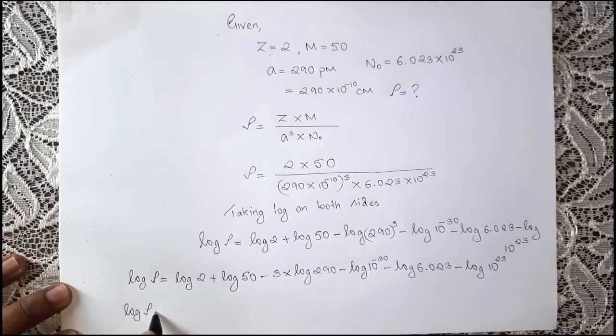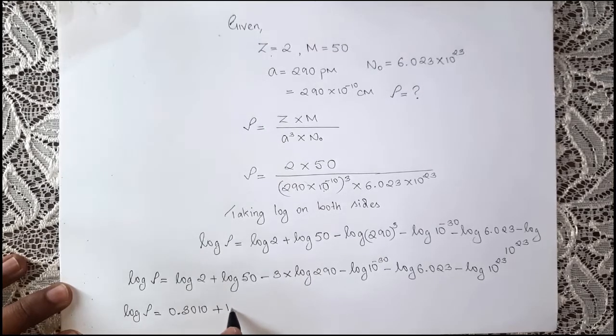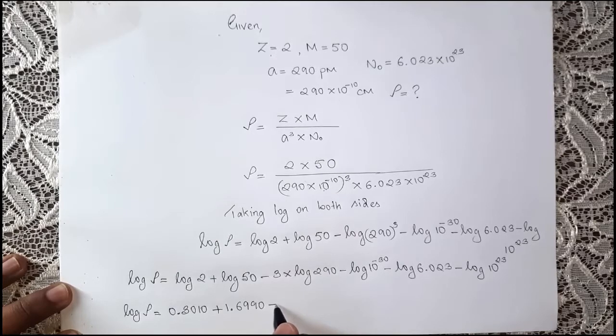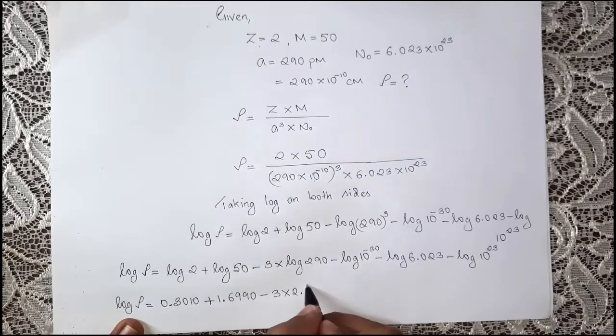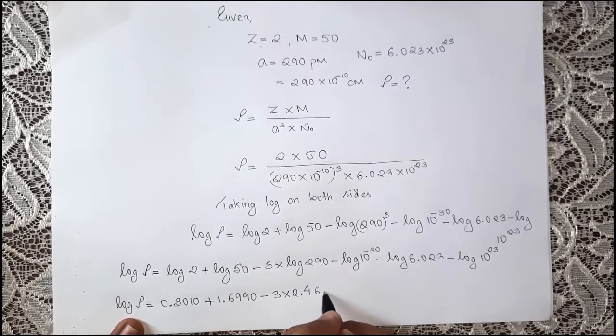So log density is equal to log 2, which is 0.3010, plus log 50, which is 1.6990, minus 3 into 0.4623.